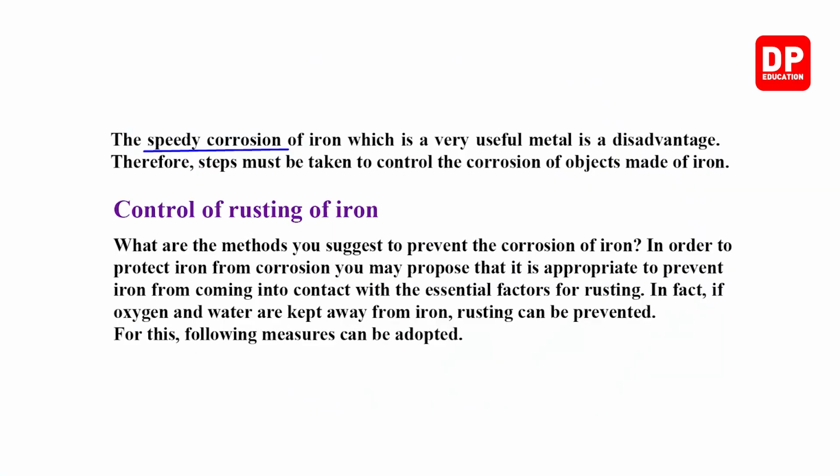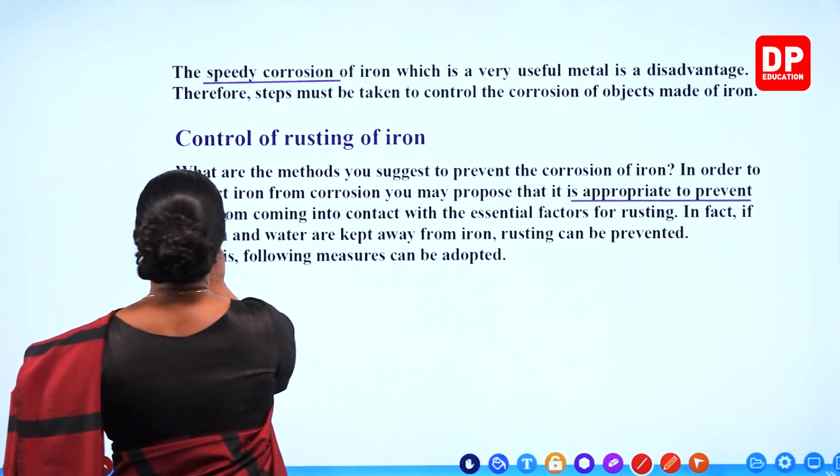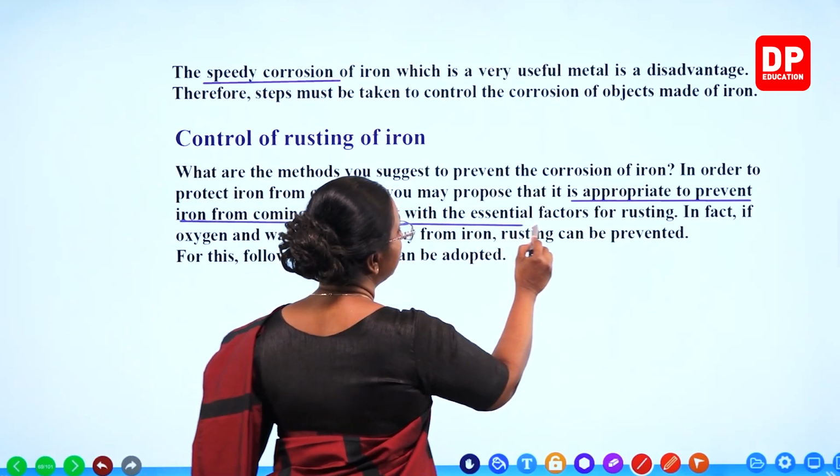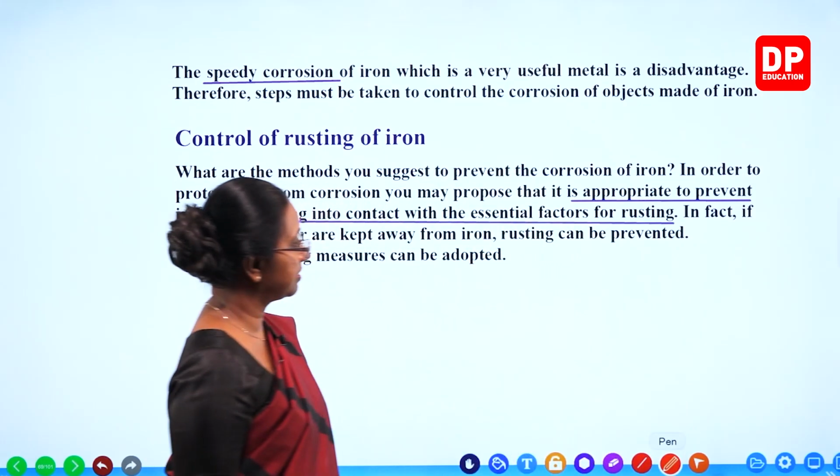That is what we'll be doing to protect iron from rusting. Control of rusting of iron. What are the methods you suggest to prevent the corrosion of iron? In order to protect iron from corrosion, it is appropriate to prevent iron from coming into contact with these essential factors of rusting.